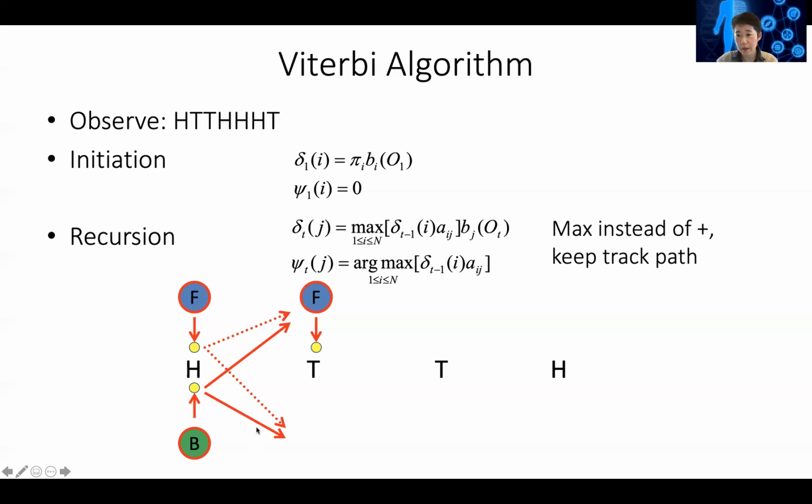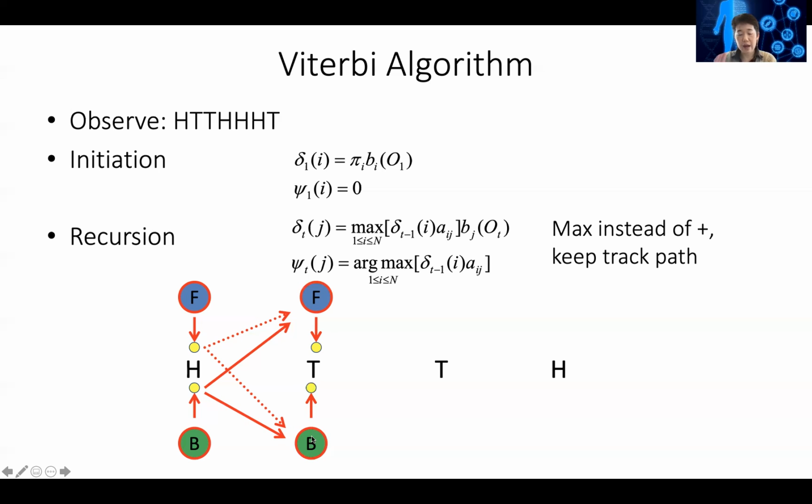We again do a comparison, pick the bigger one, and use that number to multiply by the probability of a bias coin giving out a tail. The pointer here, the psi, keeps track of the path to get here.